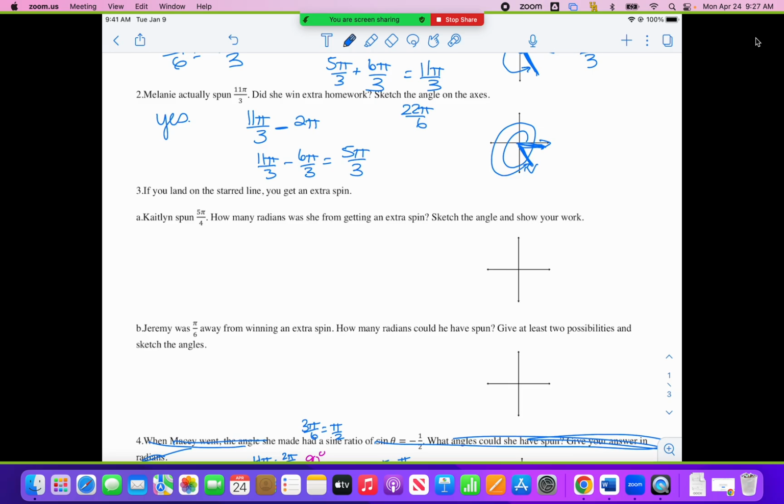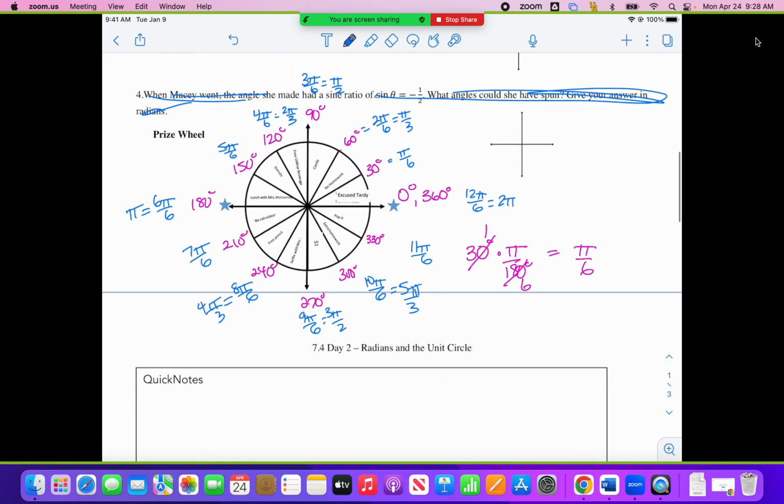Number 3, if you land on the starred line, you get an extra spin. Caitlin spun 5 pi over 4. How many radians was she from getting the extra spin? Now, if you do this in radians, look at where 5 pi over 4 is. Oh, we don't have that.